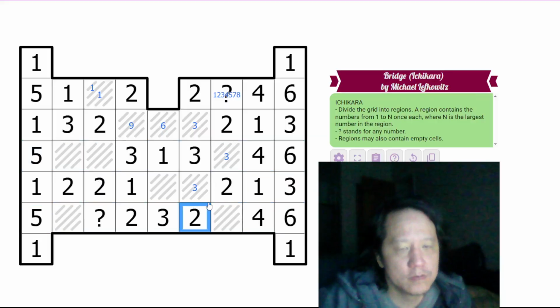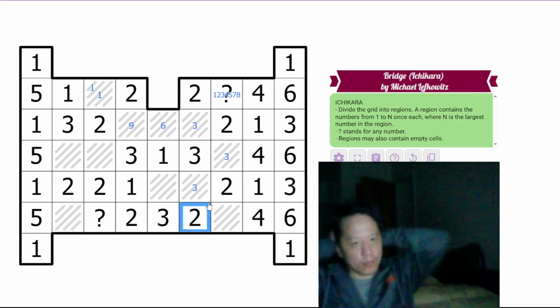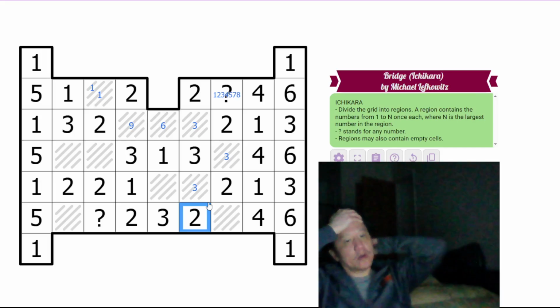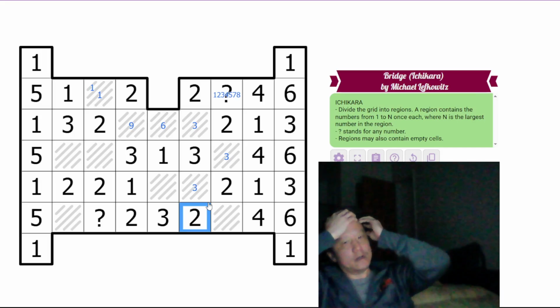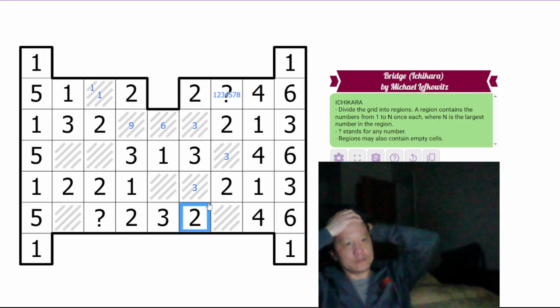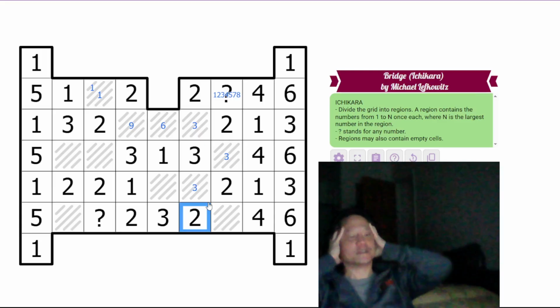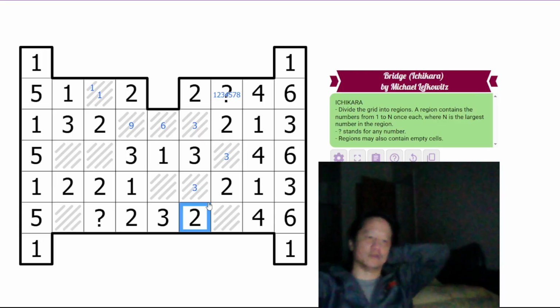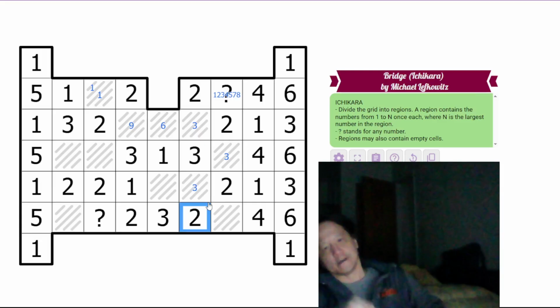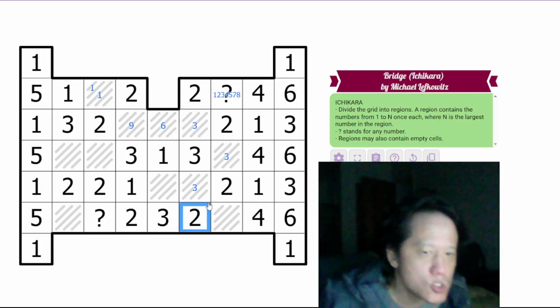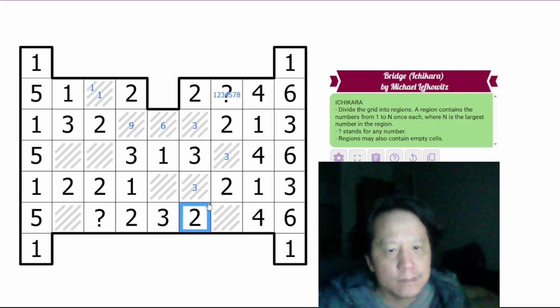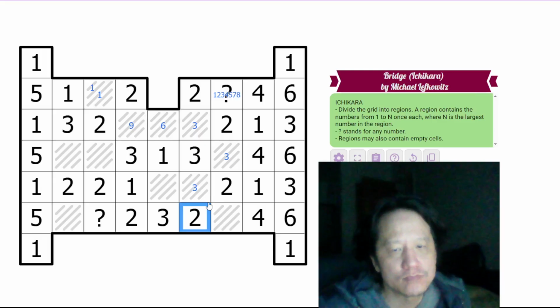Interesting. So 2 of the 6s definitely have to cross all the way across. Hmm.